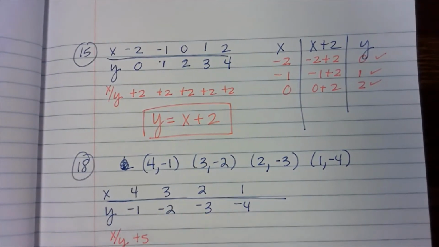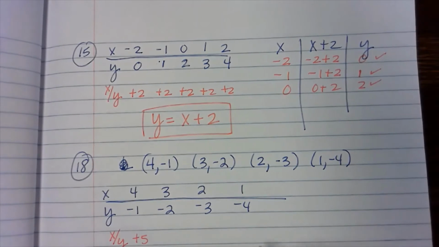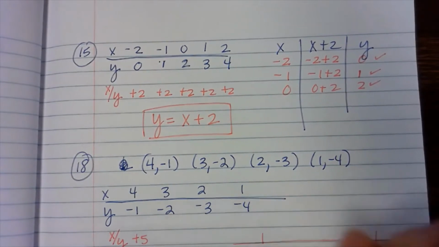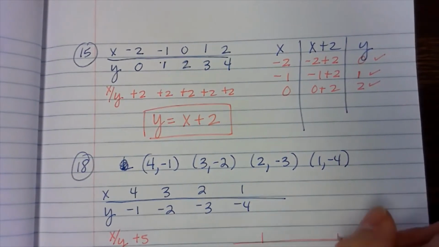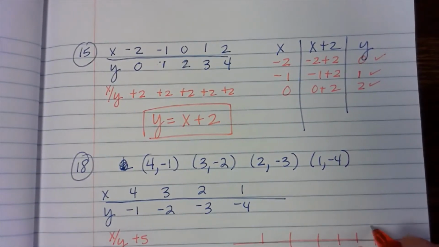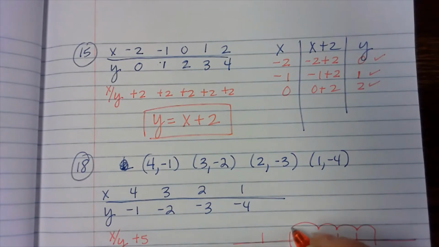3 to -2, I've gone back 3, and then 0 is 4. Hang on a second, just making sure I'm thinking this straight. I got 4 and -1, so I went 3, 2, 1, 0. So I went 1, 2, 3, 4, 5.